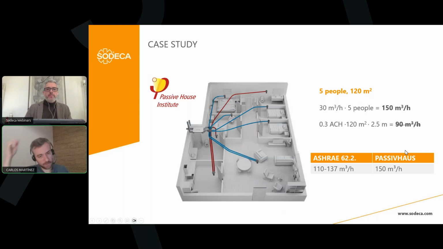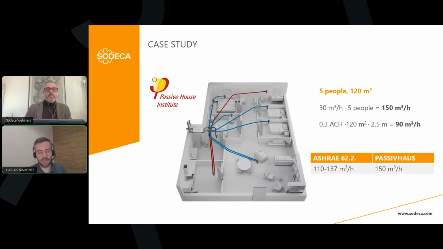So just to finish with the presentation, this is a main example about the calculation of the flows you can have using both, for example, Passivhaus and another standard that is mandatory in some parts of the world, that is ASHRAE 62.2. Okay, using the Passivhaus standard, as you can see, with the first method we have 150 cubic meters per hour of total flow, and using the air changing method, we will have 90 cubic meters per hour.